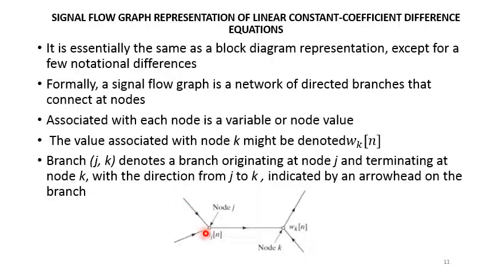So that means at w_j[n], or node j, we have two inputs and one output. Again, if we look at the second node, which is k, we have two inputs here, right? Inputs are denoted by the incoming arrows, whereas the outputs are denoted by the outgoing arrow. So the direction of the arrowhead basically tells whether it's an input to the node or an output from the node.